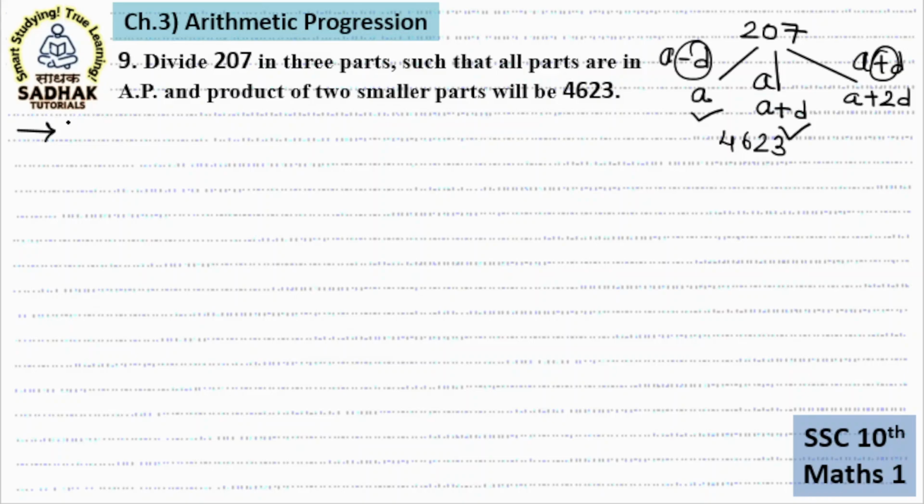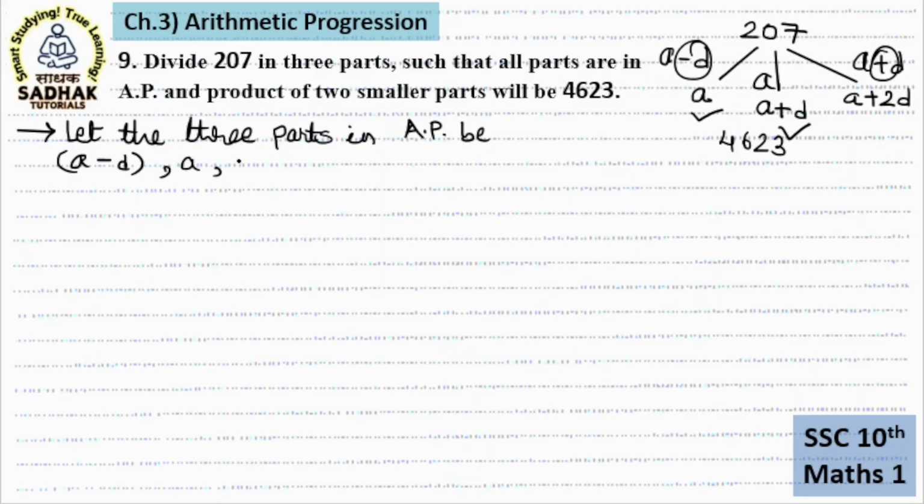Chalo, so let us make the statement. Let the 3 parts in AP be A minus D, A and A plus D. Okay, let these be the 3 parts.